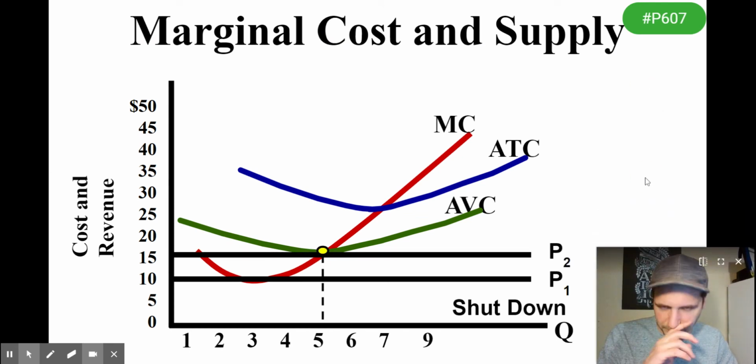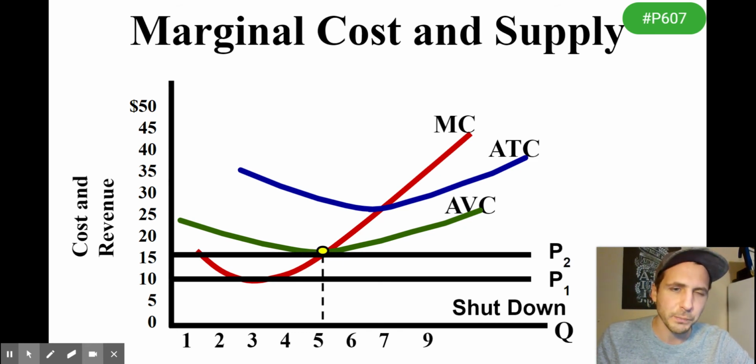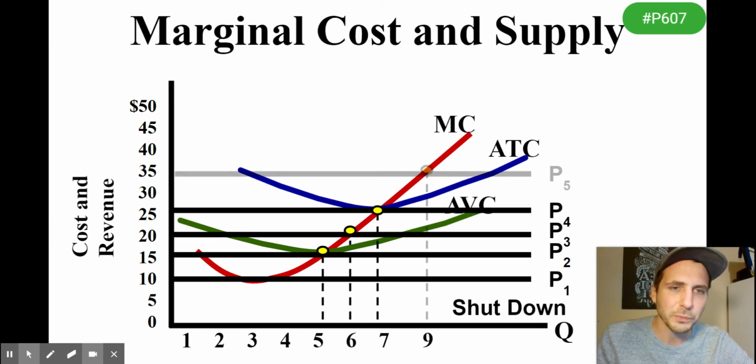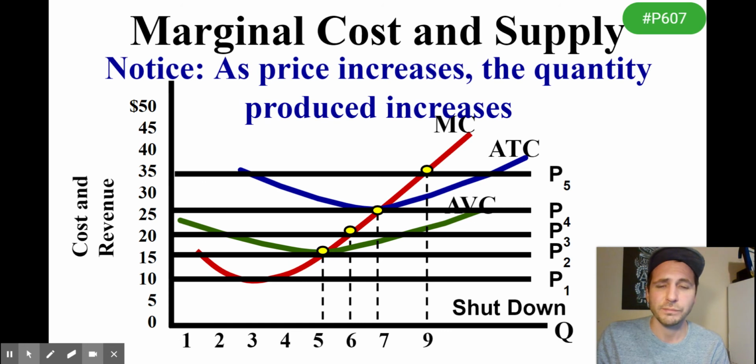All right, so remember, if price is really low, like this, we're going to shut down. As price goes up, notice something. Price rises, we're at this point here. Price rises again. What's happening to quantity as price goes up? Well, as price goes up, our quantity is rising. And when quantity goes down, price goes down, which should tell you something that should be familiar to you.